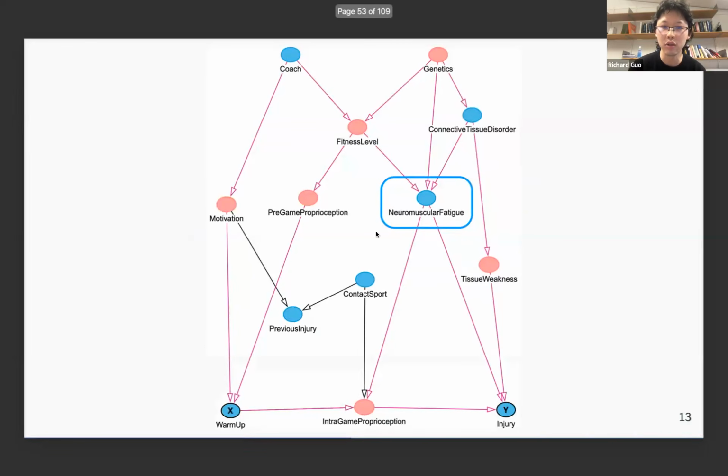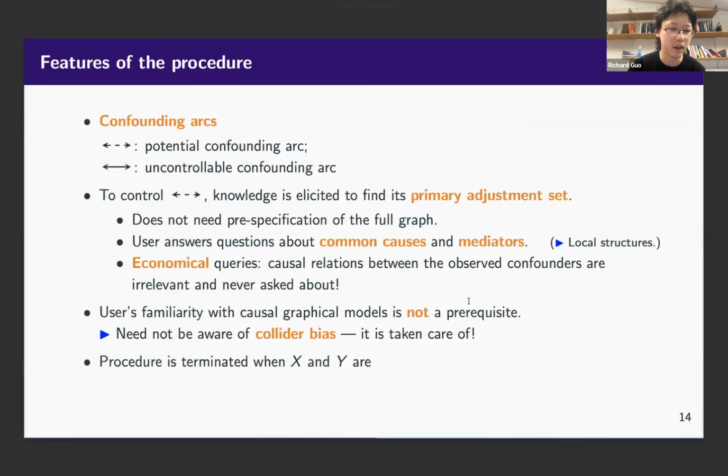You probably already noticed here that muscle fatigue is actually a collider. If you condition on muscle fatigue, that would open up this M-shaped collider pathway like this. But the procedure would also ask us to control for tissue disorder, which would block this collider pathway. So it is already taken care of.